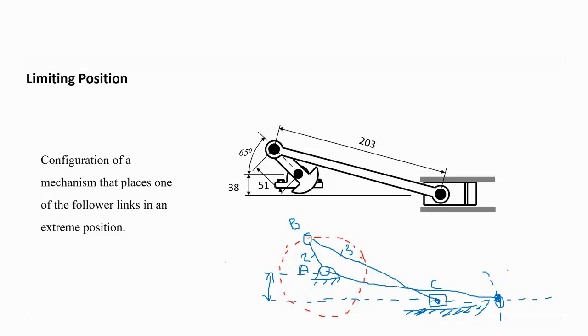This is C1. And here this is B1, the new position, and this is C1. And of course, the other position will be somewhere here, again in line, like this.